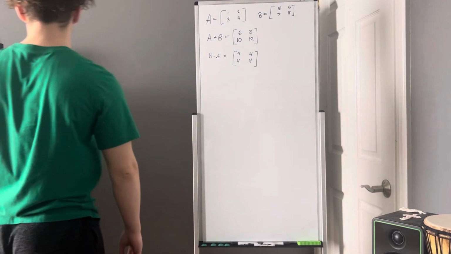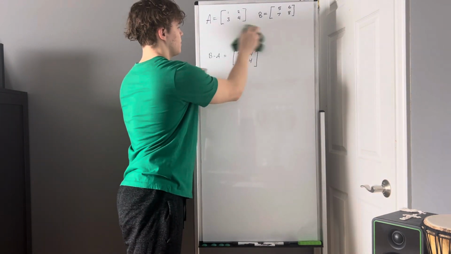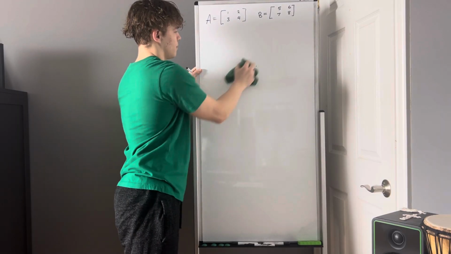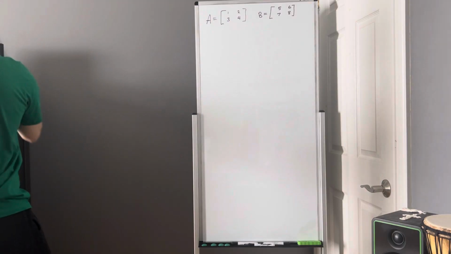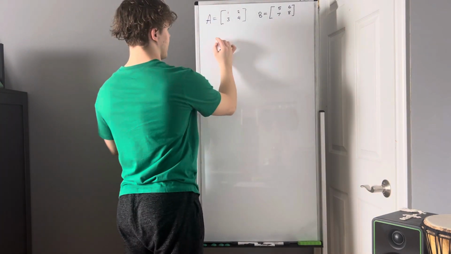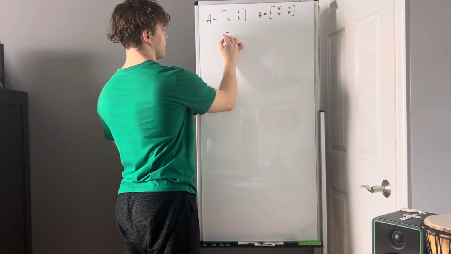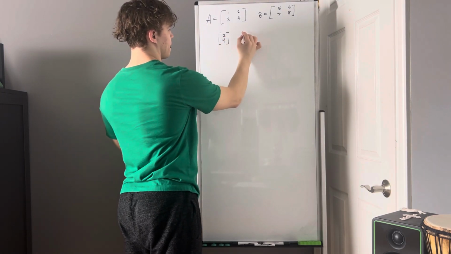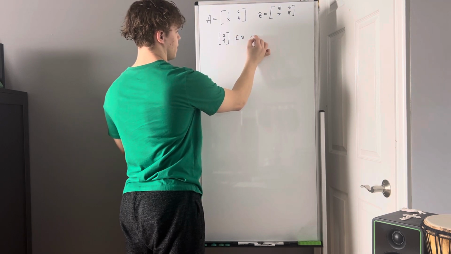But now we'll talk about multiplying matrices. Now, multiplying matrices, we need to learn something called the dot product. Let's say we have a little set of numbers 2, 4, and we have another set of numbers 3, 1.